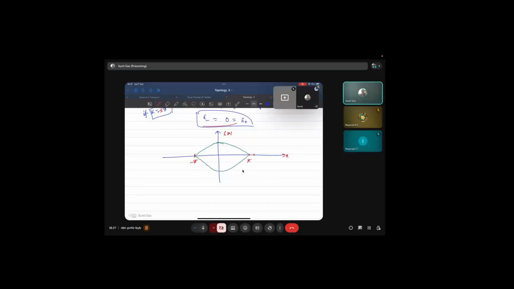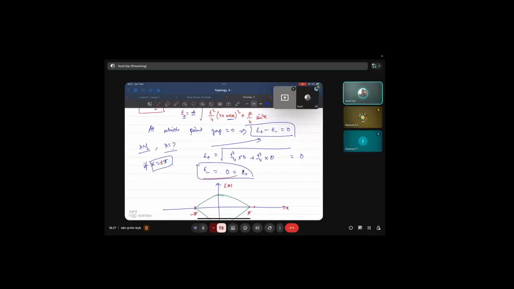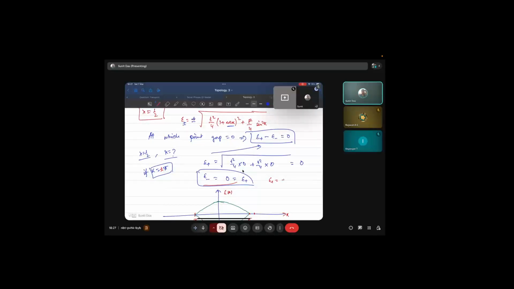So at k equal to 0, you have an energy maximum, and that you can derive because at k equal to 0, we are having plus minus the square root of t square by 4 into 1. So this will be 1 plus 1, so 4. So again plus minus t. So that is the maximum energy that we have, right?